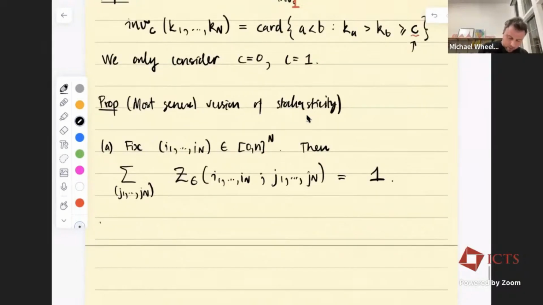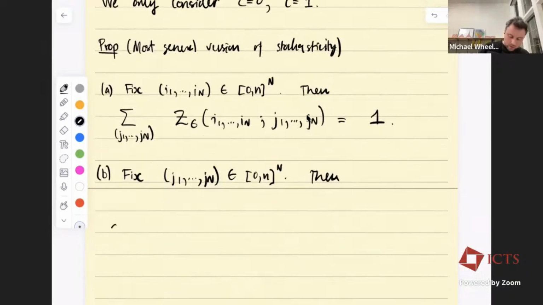And then the partner statement is the following. Here I will fix j_1 up to j_n, which live along the top of the lattice. In this case there's some normalization, which is q to the minus inv of 0 of j_sigma(1) up to j_sigma(n).